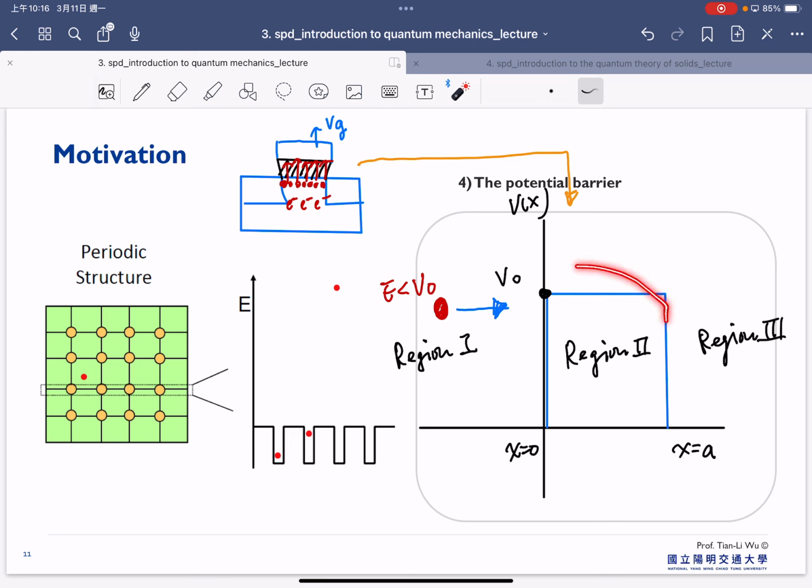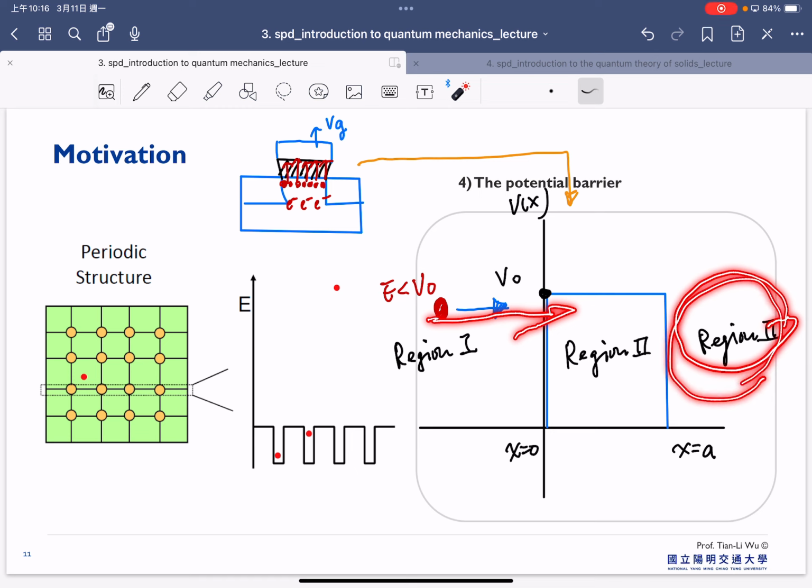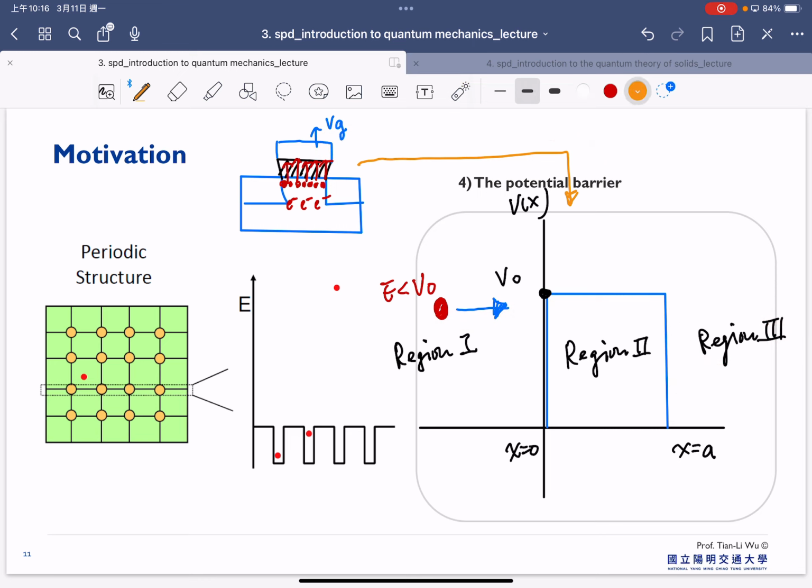We can imagine this is our dielectric, and we try to have electrons in the channel inject into the dielectric, and we are curious how the electrons behave inside region 3, because region 3 is related to the leakage current that we can sense from the gate metal side.